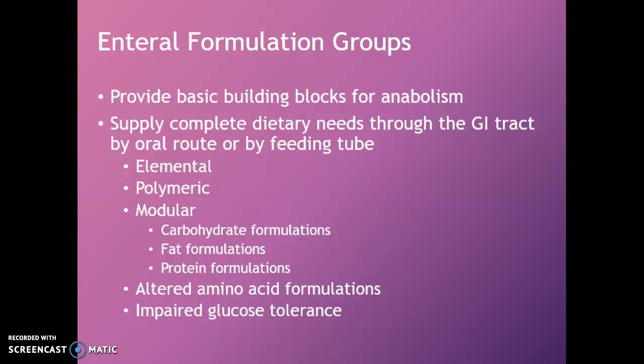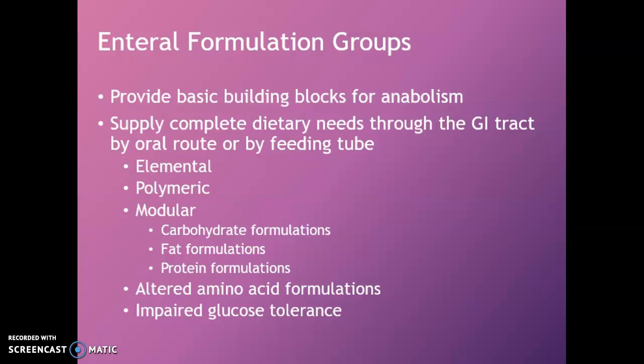There are approximately 100 different enteral supplemental formulas available, so it obviously would be impossible to cover all of them here, but we're going to discuss the types. The supplements are categorized based on the characteristics of the individual formula.